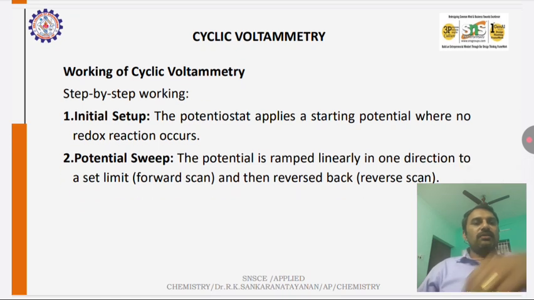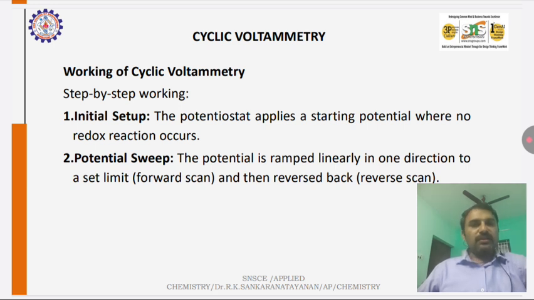What is the working of cyclic voltammetry? We will see the initial step, the potential setup: how the potentiostat is set, where the redox reaction occurs. I already said what a redox reaction is: reduction and oxidation take place simultaneously in the experiment.